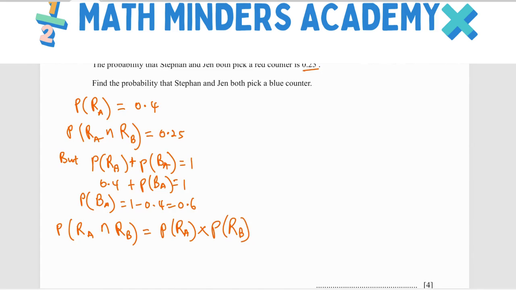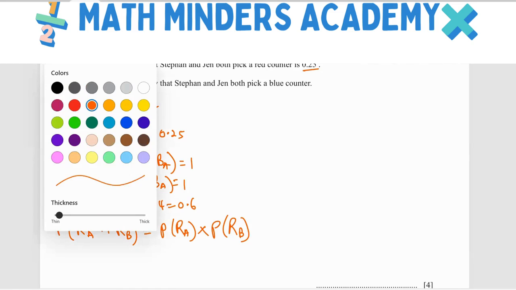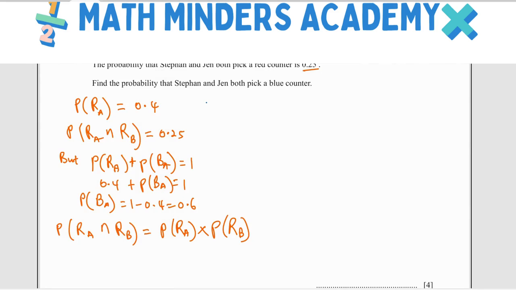So the probability of picking red from bag A and red from bag B is given as 0.25. Look at it here. It is given. So this is 0.25.